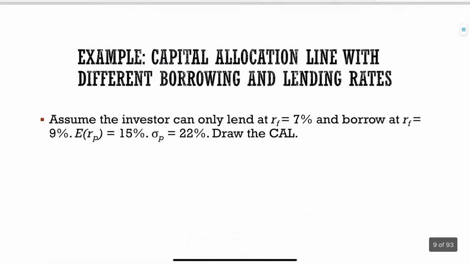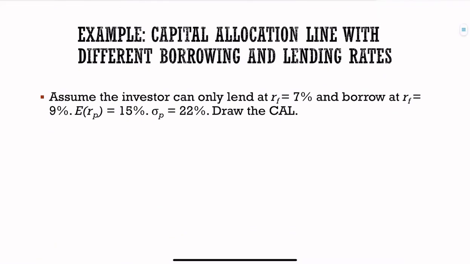Okay, let's see an example and see how we could use these numbers to draw this capital allocation line. So let's say an investor can lend money at 7%, but she could only borrow at 9%.